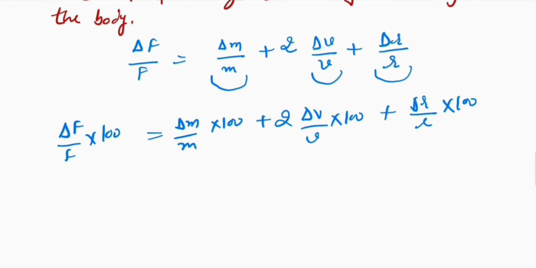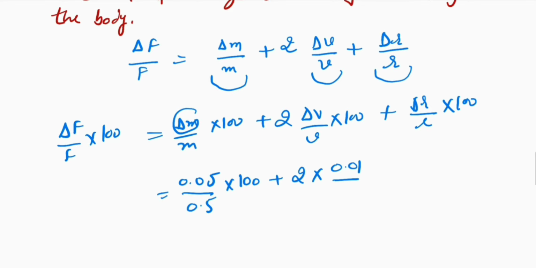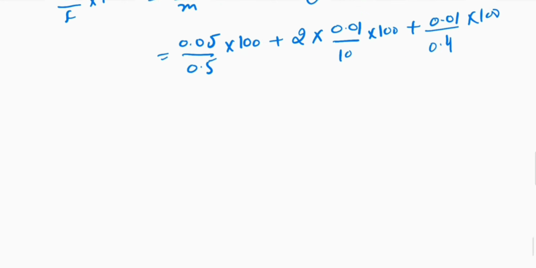Here it is given that delta M is equal to 0.05 and mass is equal to 0.5, multiplied by 100, plus 2 times delta V, where delta V is given as 0.01 and V is given as 10 meter per second, into 100, plus delta R, which is given as 0.01, divided by R, 0.4, multiplied by 100. So now we have to solve this.